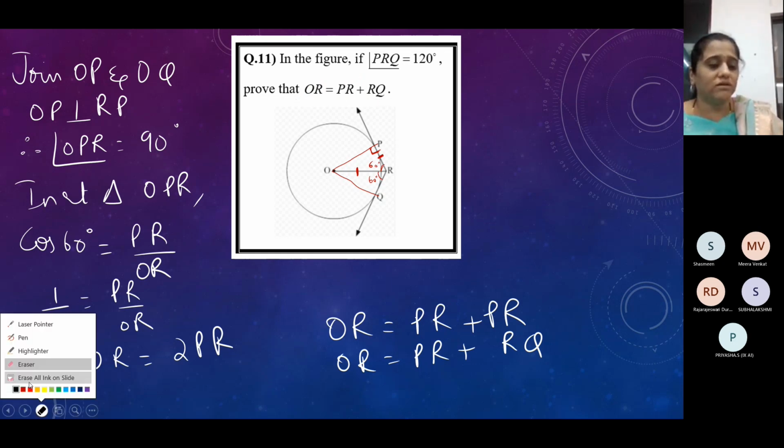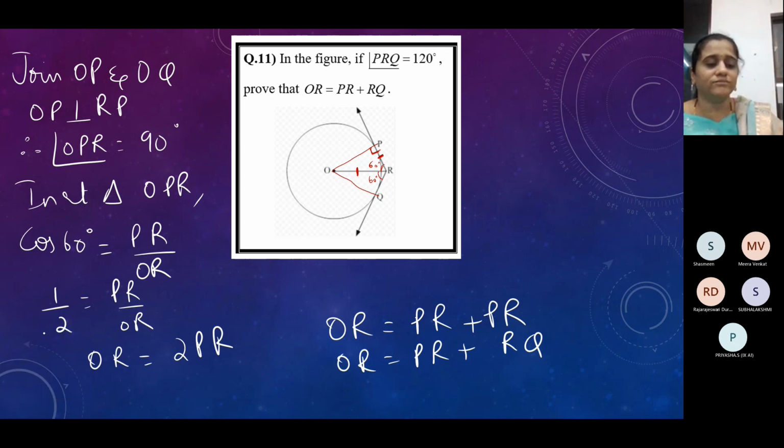If you take this triangle, which are the sides? OR and PR. Now for the 60 degrees, PR is the adjacent side and OR is the hypotenuse. So we have to take cos.